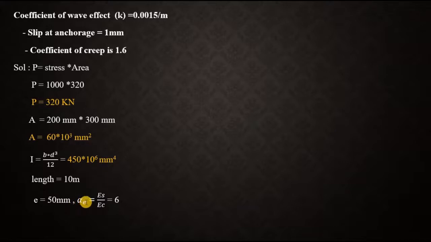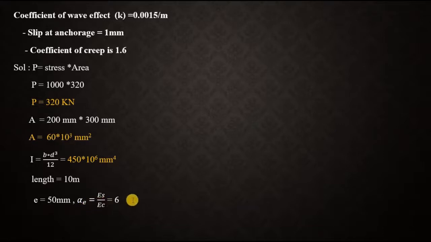Further, while finding out the losses, we require this alpha E. Alpha E is nothing but modular ratio. A few people denote it with the notation small m, or few people use alpha E. It's up to you and your convenience.